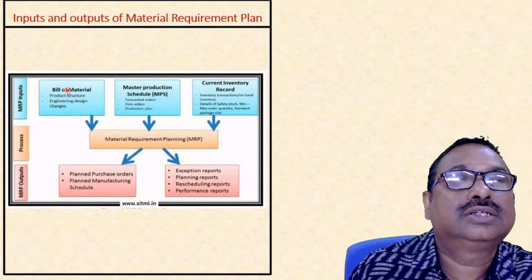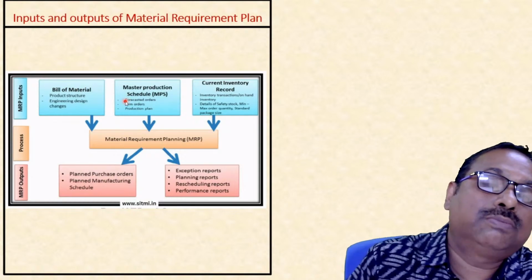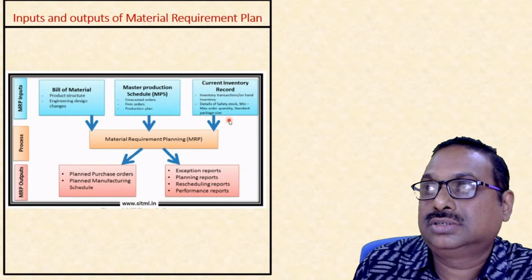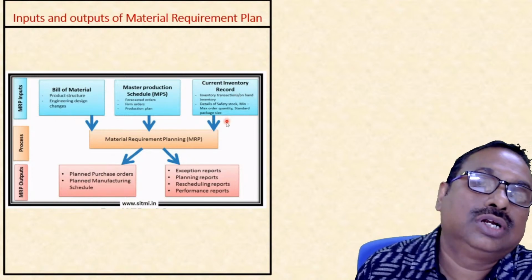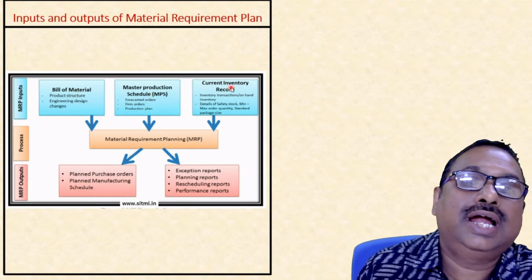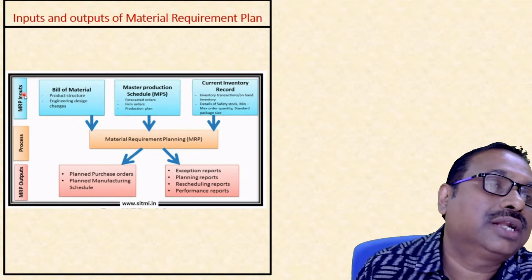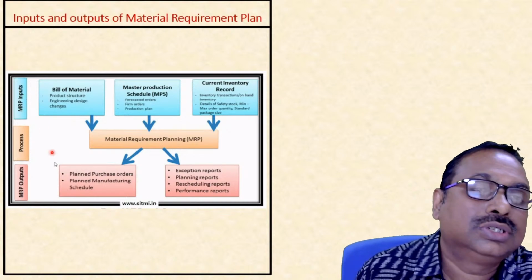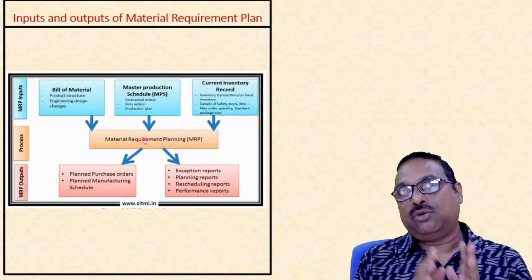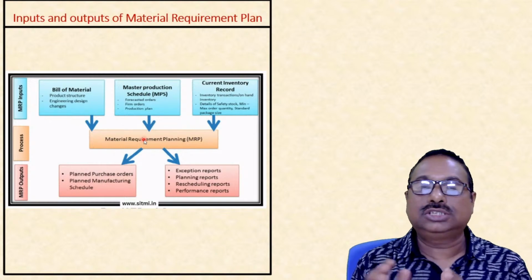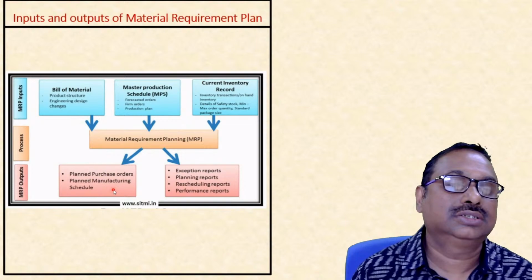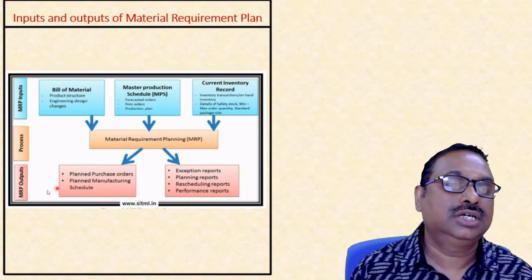Then the bill of material, for that order, what components are needed. Then current inventory. The current inventory status is also an input. So the master production schedule, bill of material and current inventory record are the MRP inputs. Then the process, what are the outputs? The output is how much you produce and how much you purchase. This is the planned purchase order and planned manufacturing schedule. So this is the output.